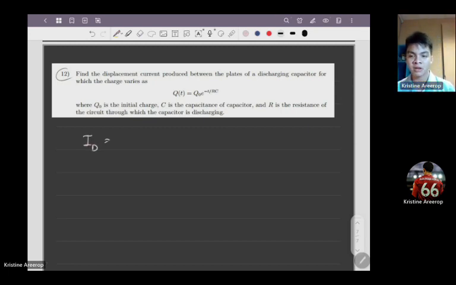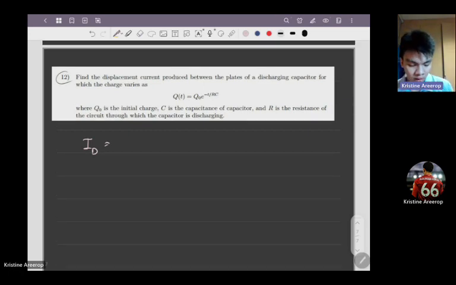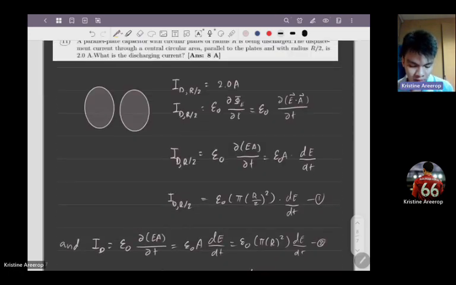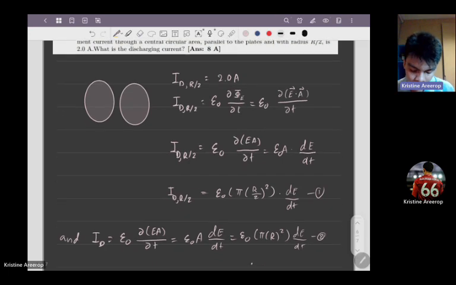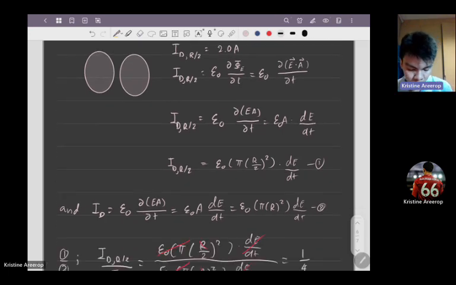But I am going to use another equation from the two previous problems. In the two previous problems, I used the equation ID equals epsilon 0 partial d phi E by dt.